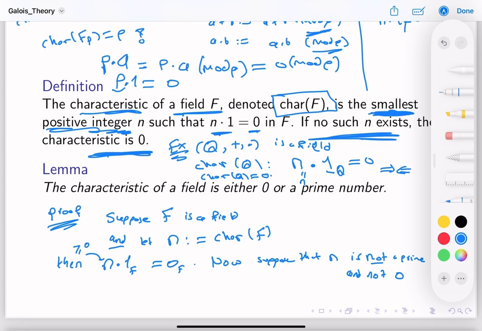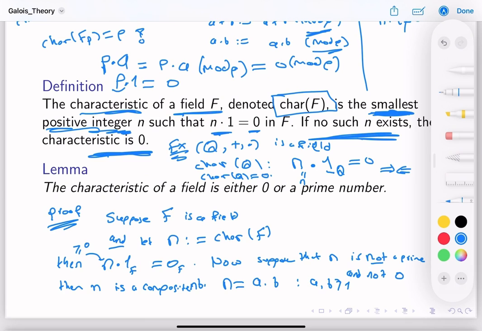So if n is not a prime and not 0, then n is a composite number. Namely, n can be written as a product a dot b, where a and b are strictly bigger than 1.